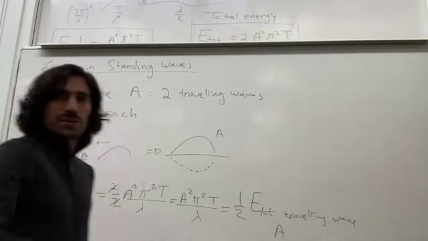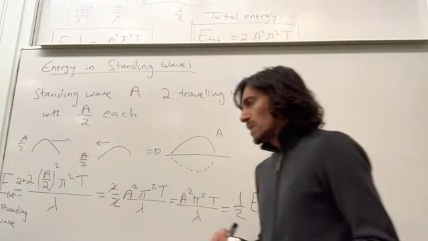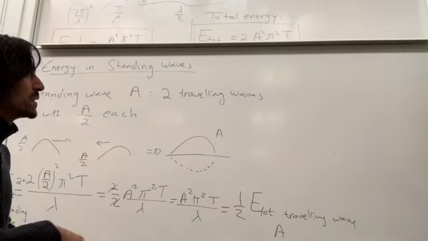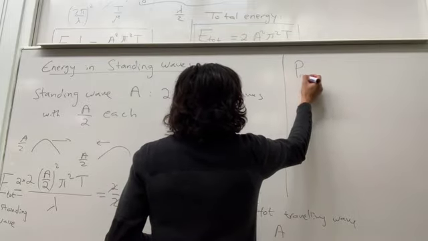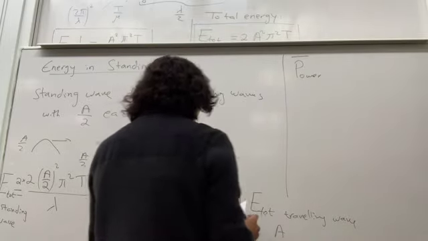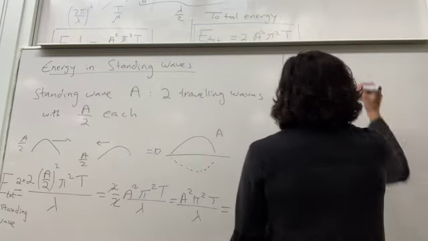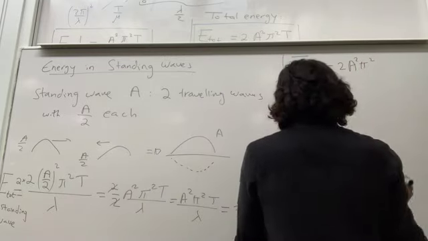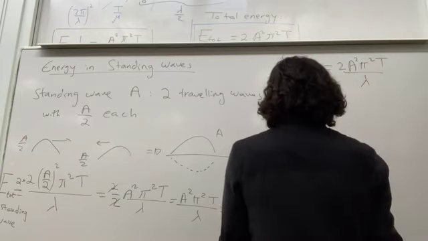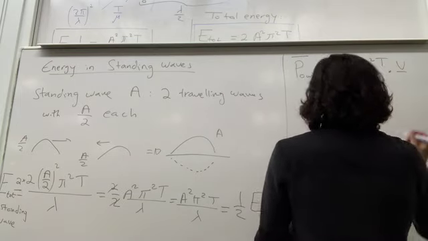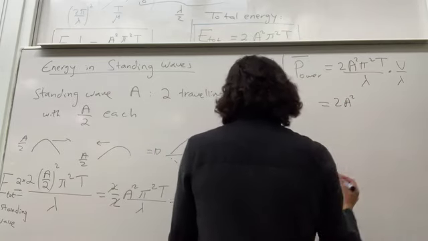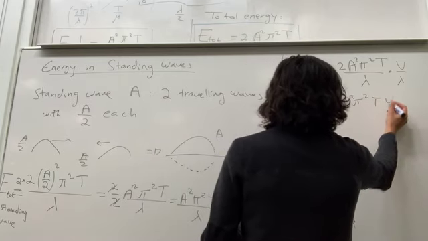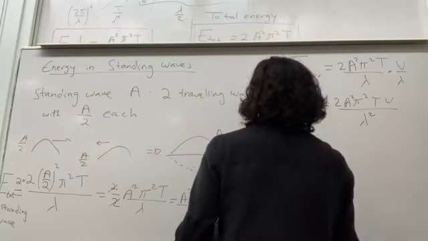If we have this energy in the system, then I should input some power to the system. I'm just going to give you the result for the power. The average power is 2a squared pi squared t divided by lambda times v over lambda, and that is 2a squared pi squared t v over lambda squared.